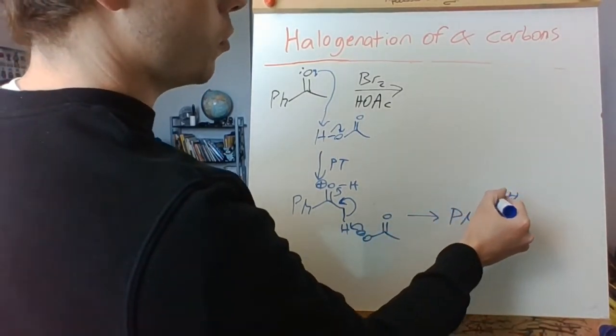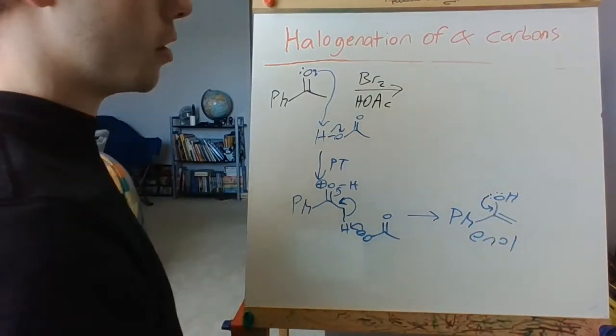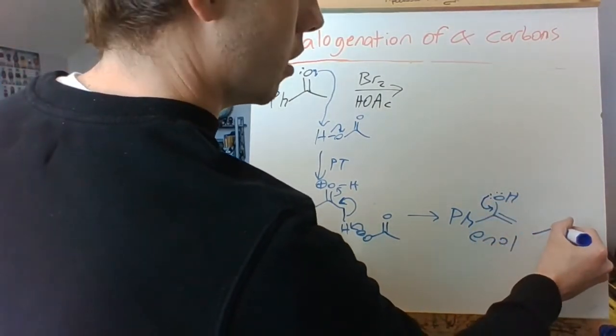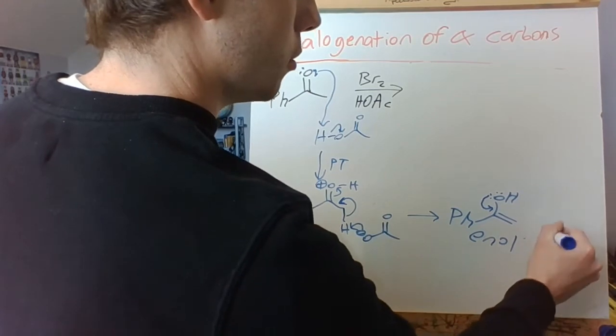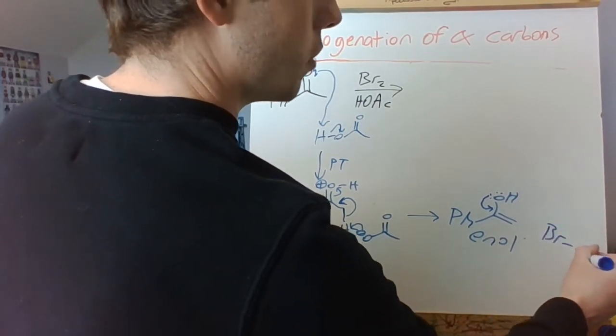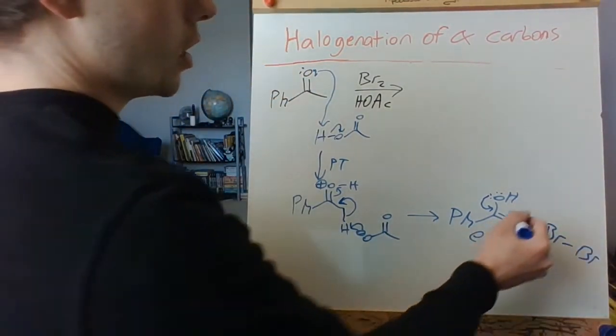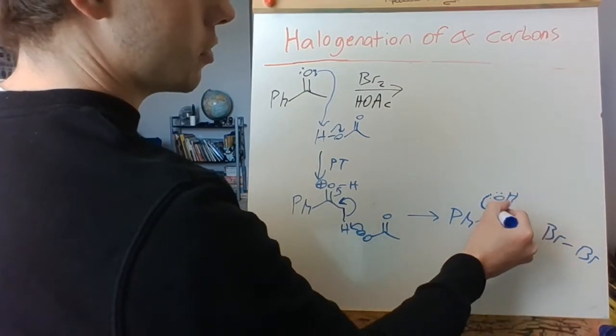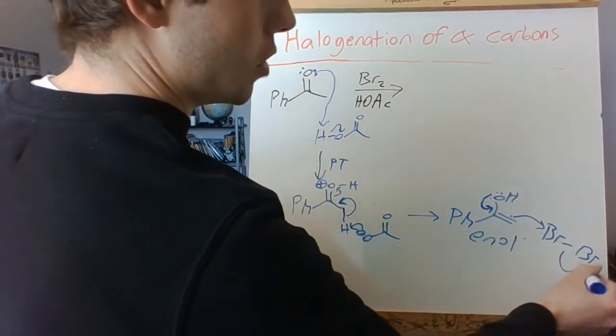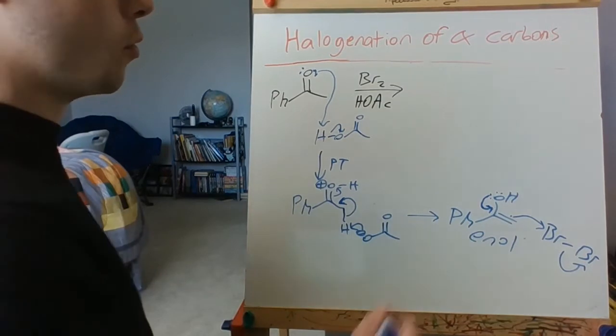When we draw the reaction arrows from here, they react on the carbon, not the oxygen. So we need to move these electrons down back to a double bond. If we draw out our electrophile, Br2, this carbon attacks the bromine, and we kick off the other one.